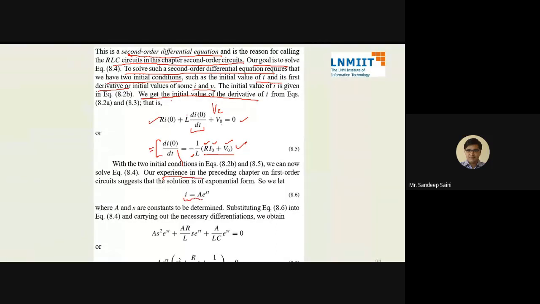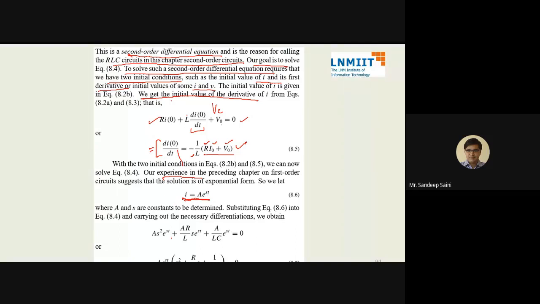Let me say that I is equal to A into e raised to power st is my solution. So wherever there is I, replace I with A e st.